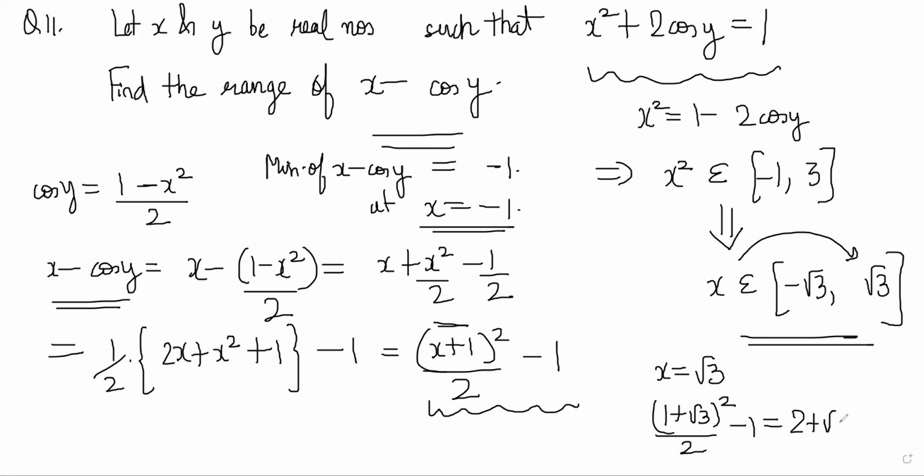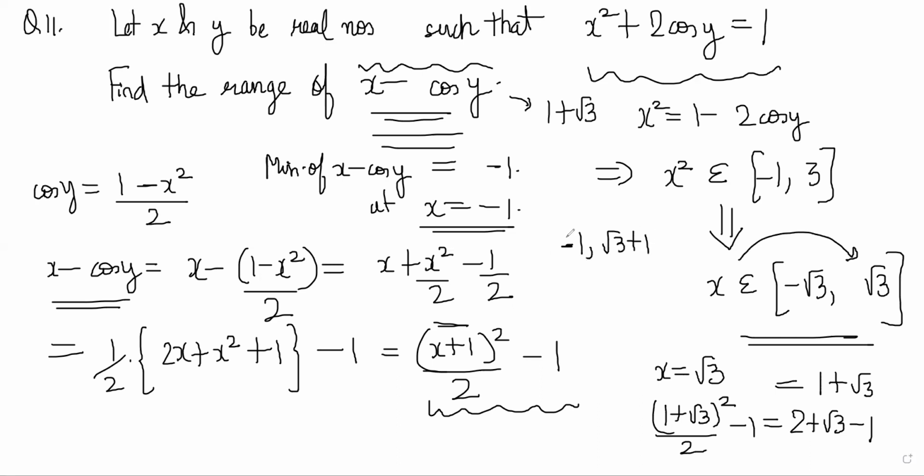So that is 2 plus root 3 minus 1, which is 1 plus root 3. So the maximum value of this is becoming 1 plus root 3. So the range of this is coming out to be minus 1 to root 3 plus 1.